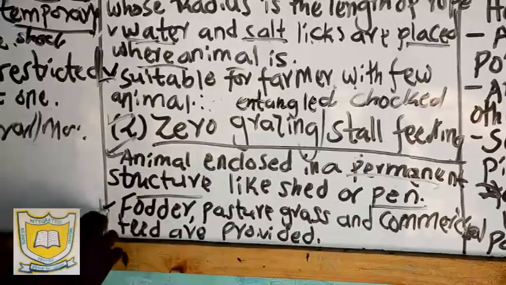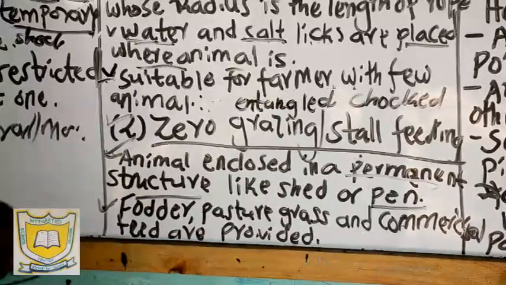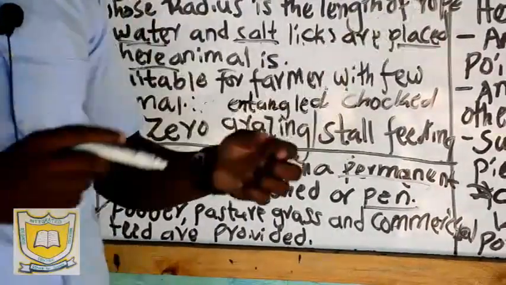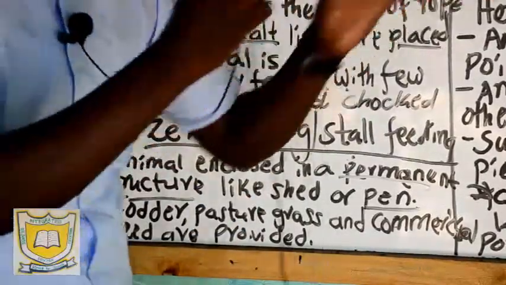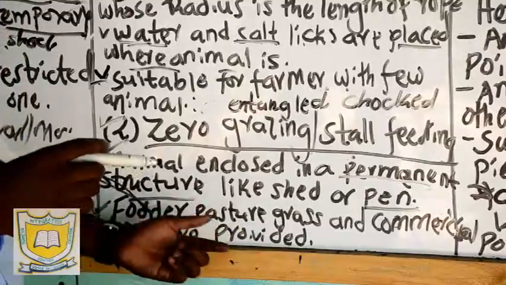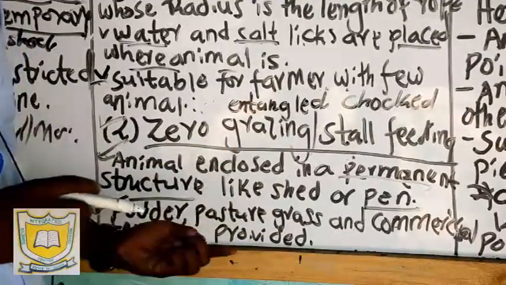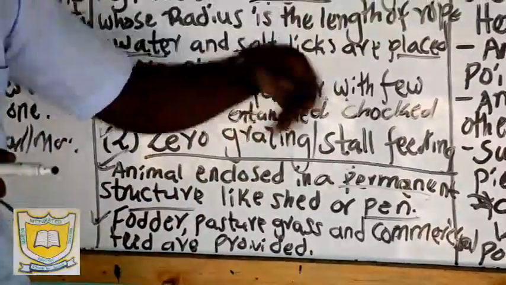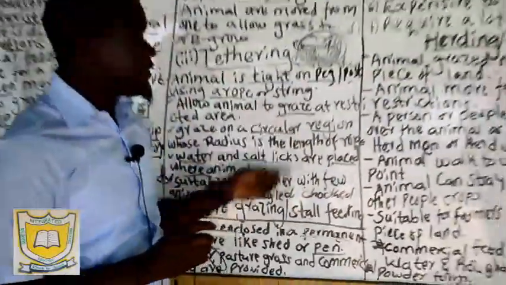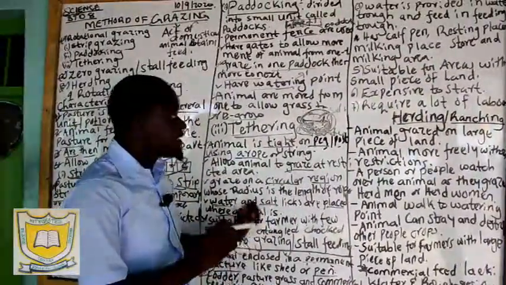Number one, the fodder and pastures are provided to the animal. You go to the field, harvest the grass, then come home and give it to the animal. With zero grazing, everything is provided to that animal. The animal is not allowed to move from one area to another. That's why it's called zero grazing.